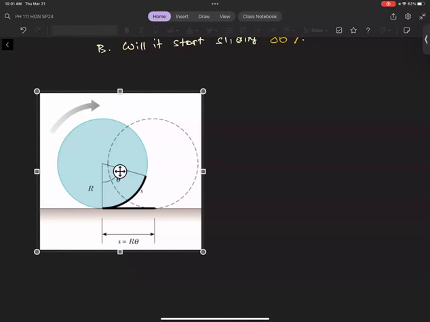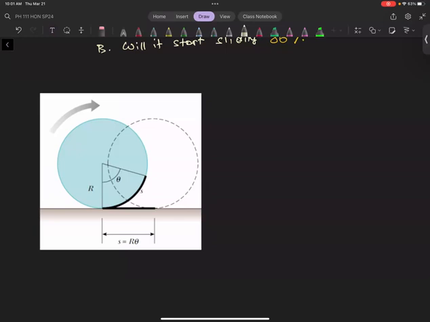Because if S is not equal to R theta, then it's skidding, meaning that S will be greater than theta times R. It has moved, if you will, more than it rotated. Does this make sense? At this level. We're going to rehash this many times.